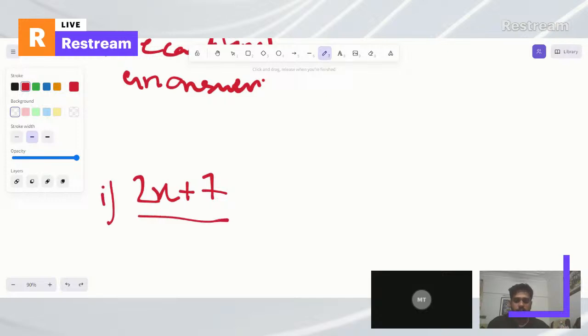Just tell me whether this is an expression or an equation, just by looking at it. Okay, so this is an expression, right?